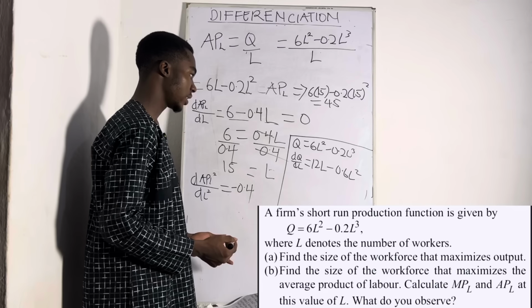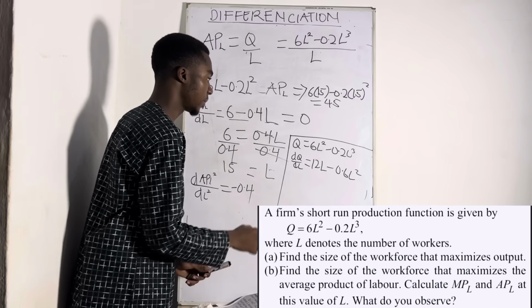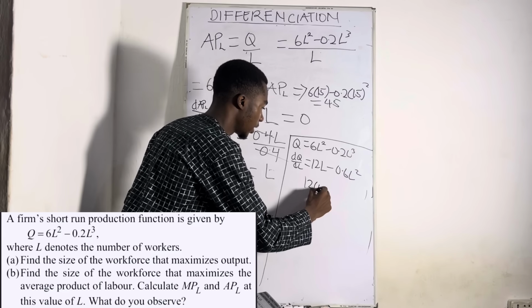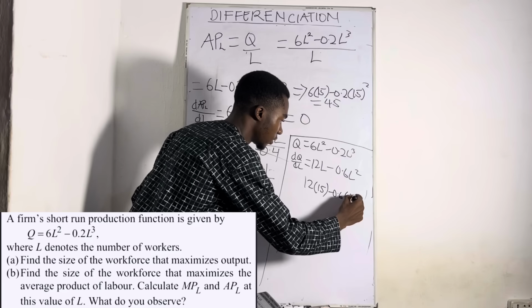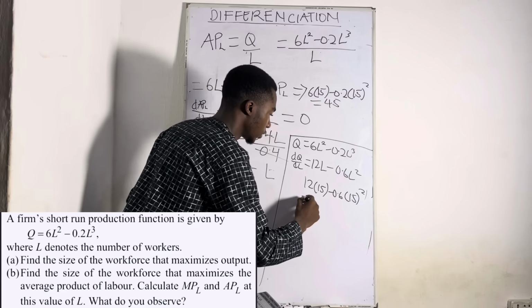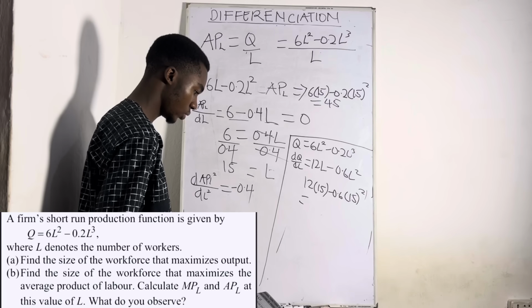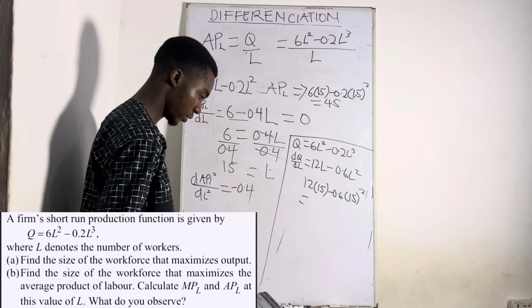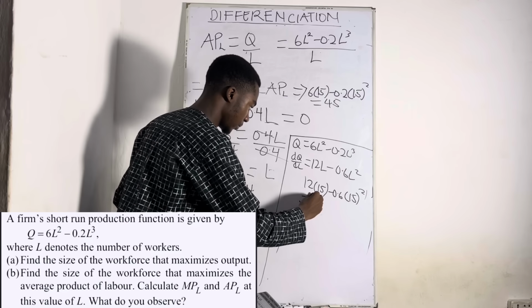Now we are asked to find the marginal product of labor when L is 15. So you just substitute 15 into this. You are getting 12 into brackets 15 minus 0.6 into brackets 15 squared. When we punch this on the calculator, we are getting 45.